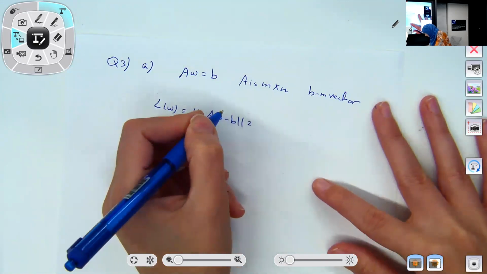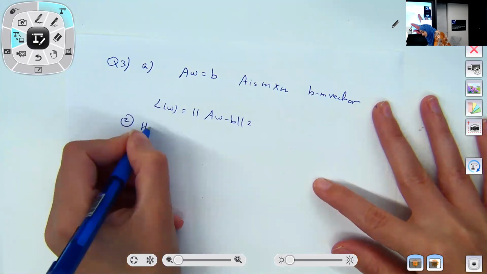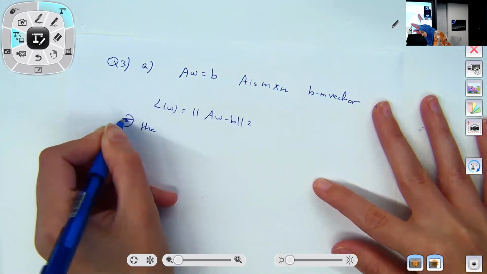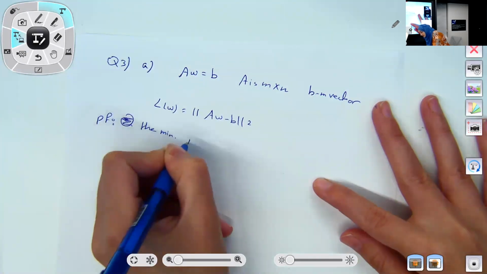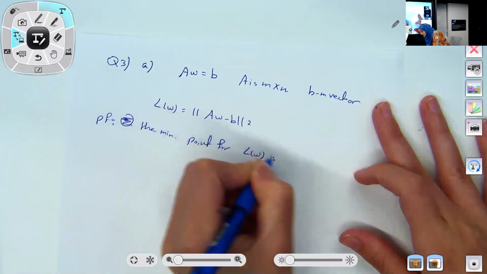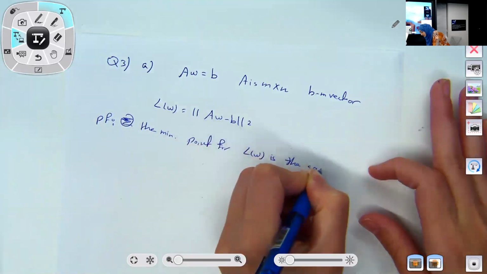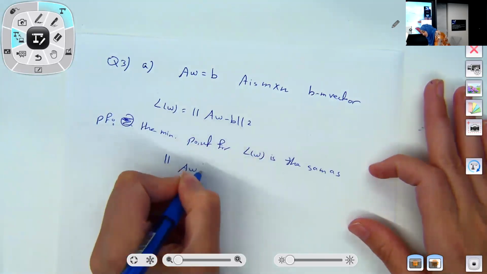We need to prove that the minimum point for L of omega is the same as for the norm of A omega minus B.